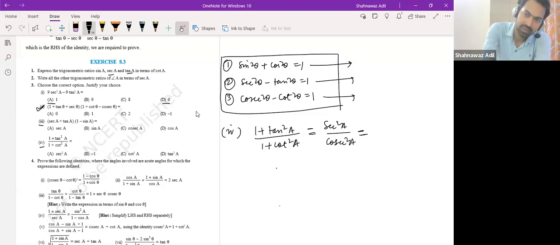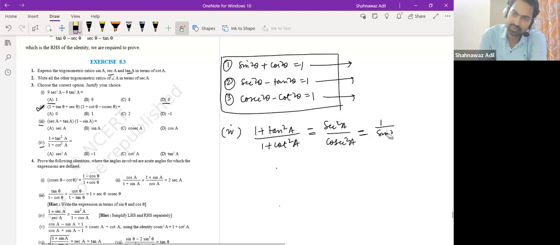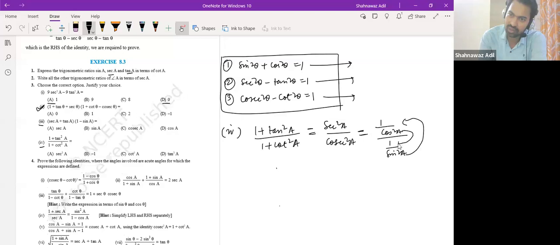Yes, sir. Okay, so sec square A is 1 by what? 1 by cos square A, and cosec square A is 1 by sine square A, right? So this one goes in the topmost numerator, this one goes in the denominator.